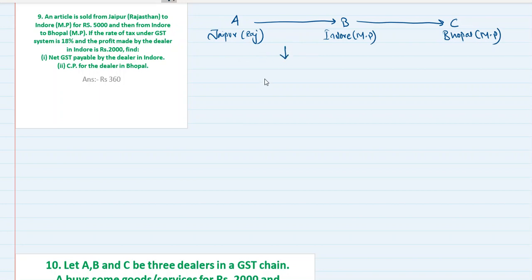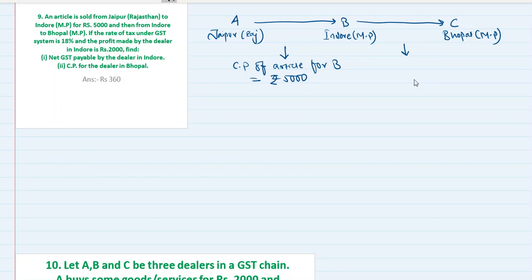So here we have been given that an article was sold from Jaipur to Indore for rupees 5,000. So the cost price of the article for dealer B, who is in Indore, is equal to rupees 5,000. What next?